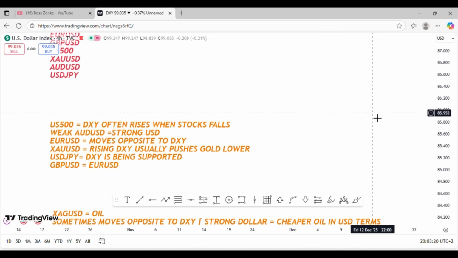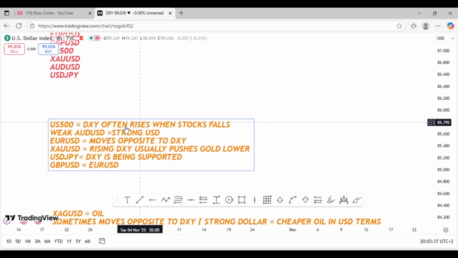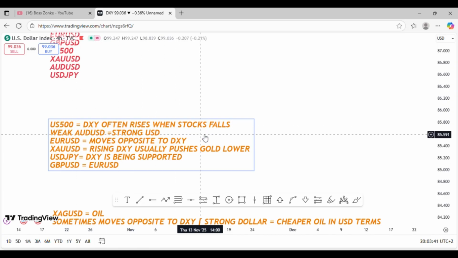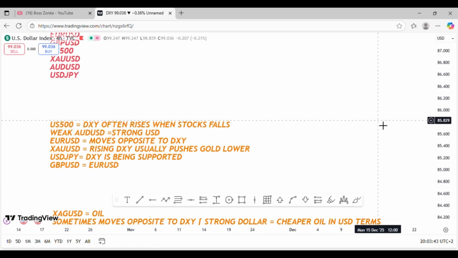And then one thing that you need to know, guys, US 500 also correlates with Nasdaq. They positively correlate, meaning they move the same direction. So if US 500 buys, Nasdaq also buys. One thing that you need to know, DXY often rises when stocks fall.